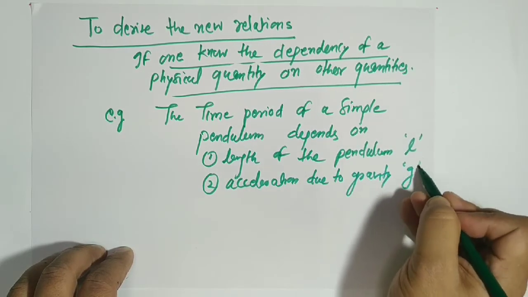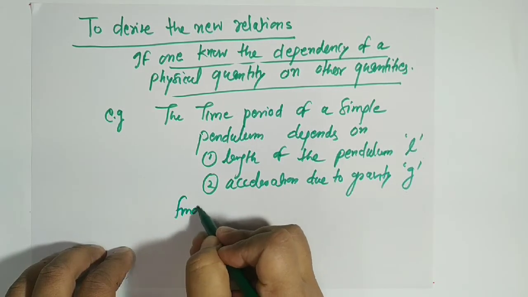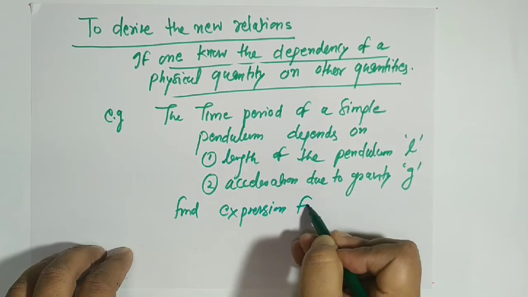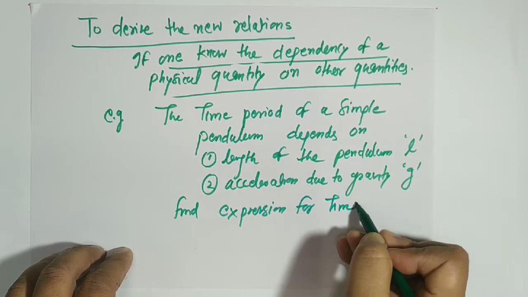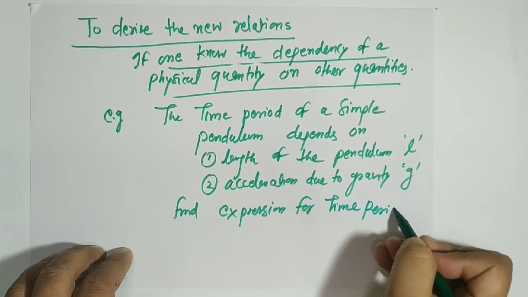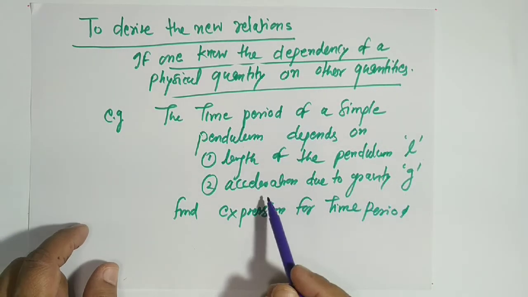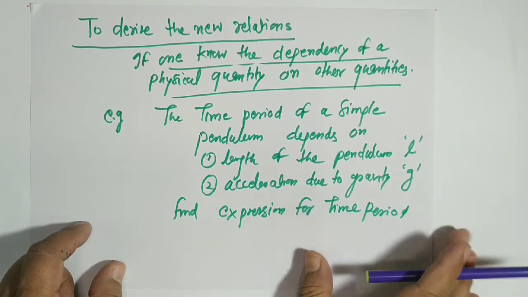Now the question is, find expression for T time period. This is the question. So time period of a simple pendulum depends on length and g. You have to find out how to solve it.